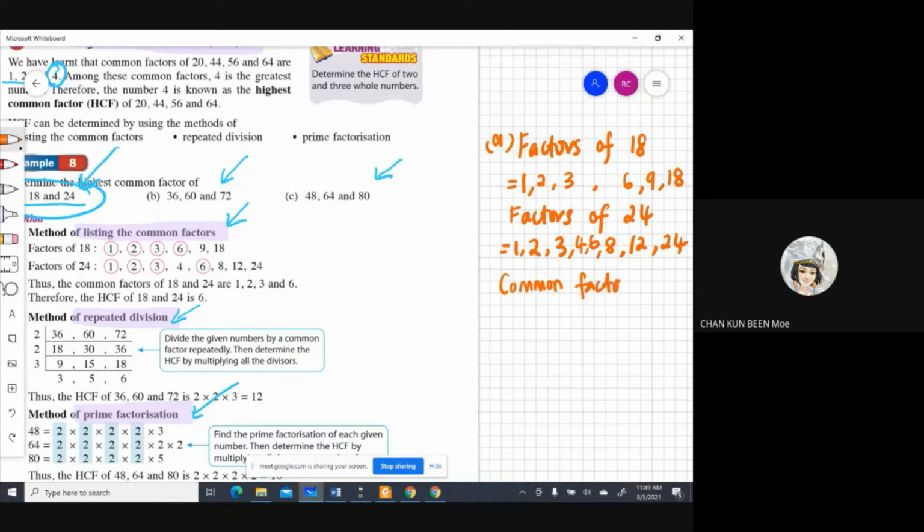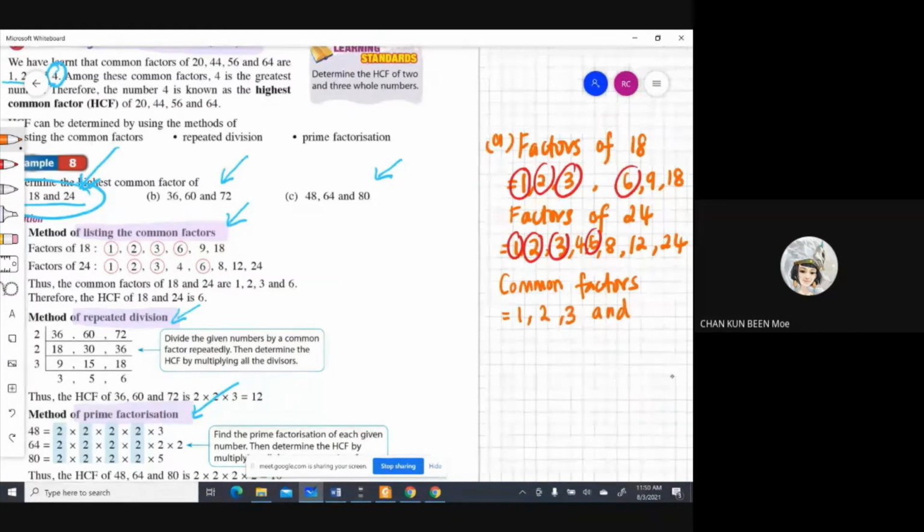Now we are going to look for the common factors. This part you don't have to write now, I just show it to you. I'm going to circle the same numbers here: 1, 2, 3, 6, no 9, no 18. So the common factors are 1, 2, 3, and 6. But the question asks you to look for the highest common factor.